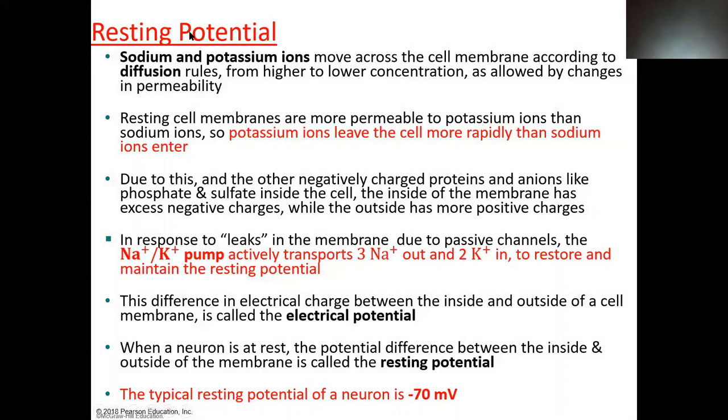Now, the resting cell membrane is more permeable, circle that, more permeable to potassium than it is to sodium. And what that means is it's more likely for potassium to leave the cell and go out into the extracellular fluid than it is for the sodium to come from the outside and work its way in. Because of this, we've got to have something to counterbalance this.